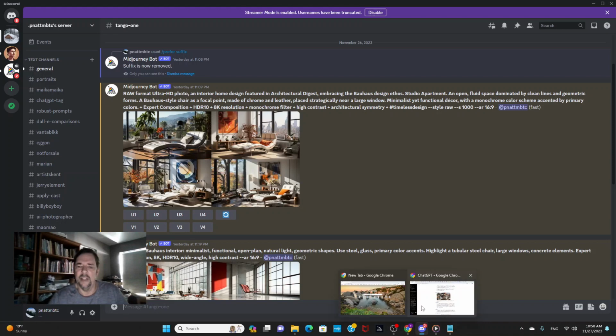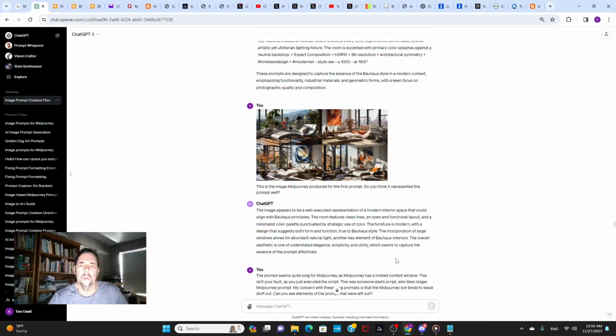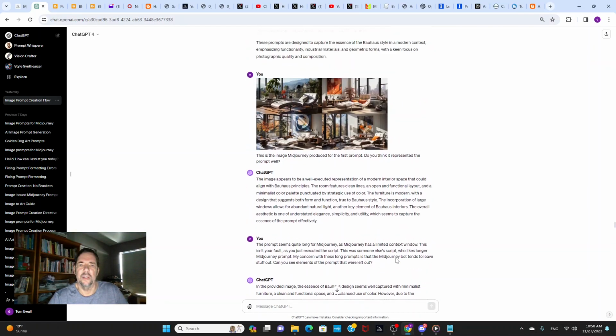And I asked it to analyze it. This is a pretty cool thing about ChatGPT now: you can upload images and have it analyze what they look like, and then use it to kind of incrementally improve the prompts if you want.